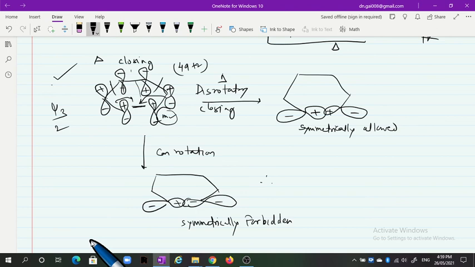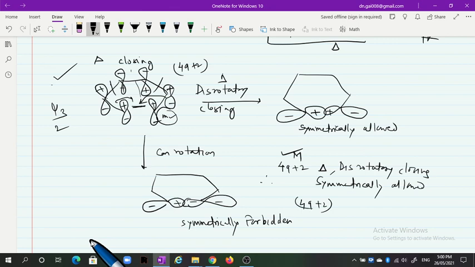We can draw the conclusion that for a 4q plus 2 system, under thermal conditions, disrotatory opening or closing is symmetrically allowed, and there is a mirror plane of symmetry. And thermal conrotatory closing is symmetrically forbidden.